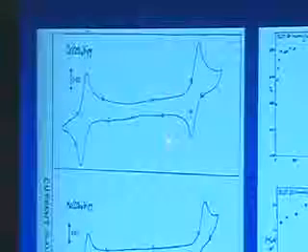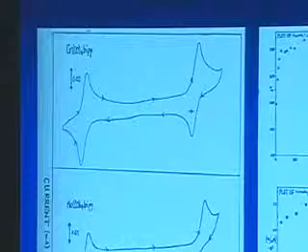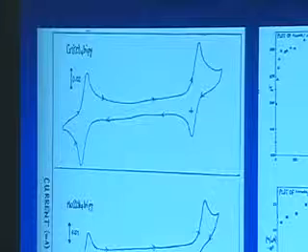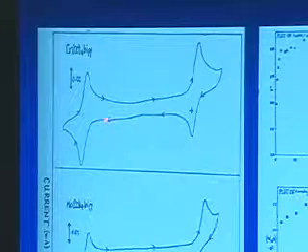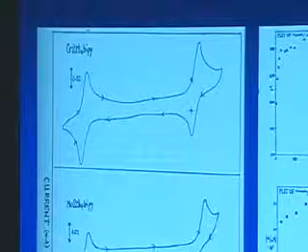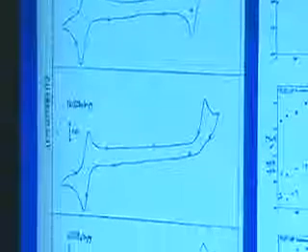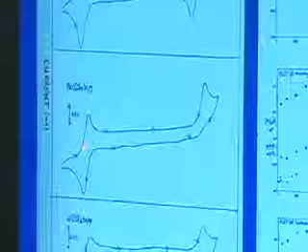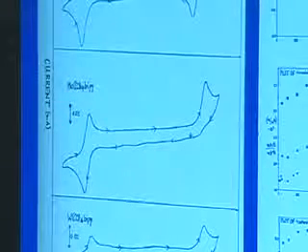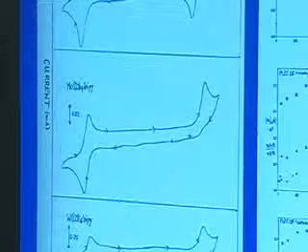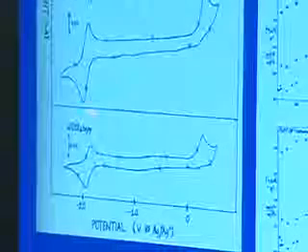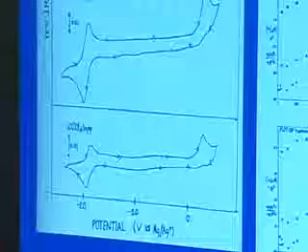And over here, for the chromium, again, it looks like it might be a reversible system for the oxidation. So as we're starting here, we scan, we see the oxidation, we scan back, we see the reduction, like that. Over here, again, reversible reduction, perhaps, again with the caveat that I'm only showing you one scan rate, and clearly a non-reversible oxidation, and the same thing down here, non-reversible, but this might be reversible again.